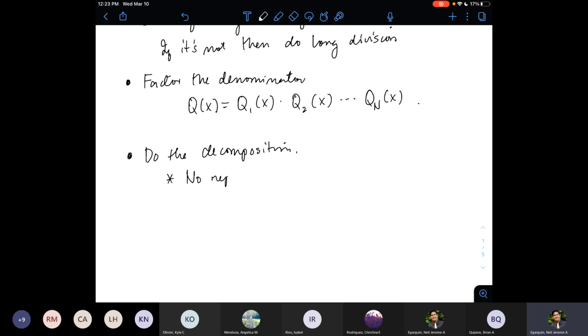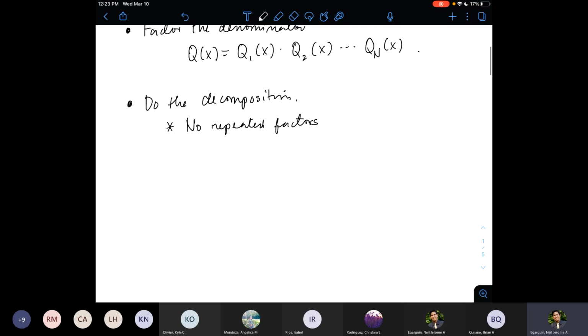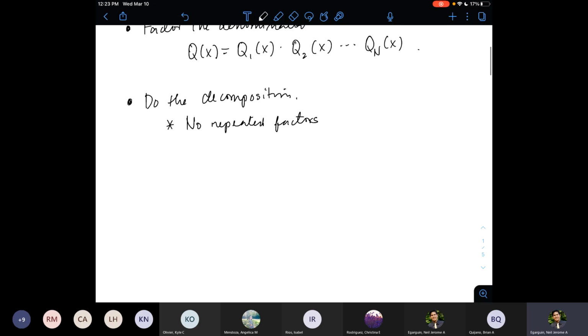If there are no repeated factors, meaning Q1, Q2, and Qn only have exponent 1, then one of those factors will lead into one little fraction, which has itself as denominator, but the numerator would be 1 degree less.